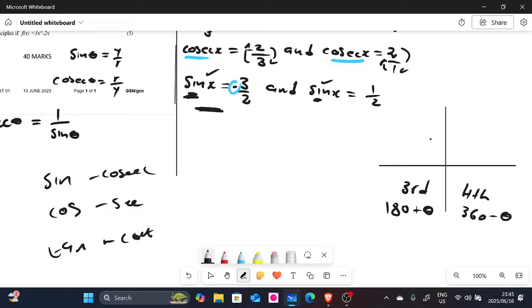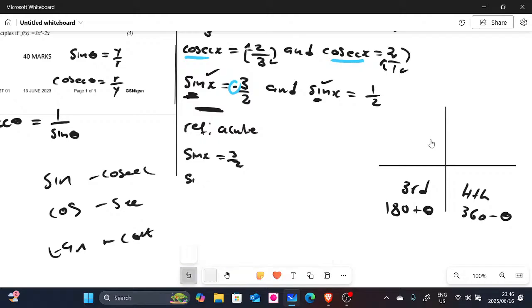So let's do it. Remember, when you find the reference angle, we never include the negative there. Do not forget, guys, the reference angle is an acute angle. I always tell people this and people get lost there. So you're gonna write sine x is equal to 3 over 2, and then x is equal to arc sine 3 over 2.